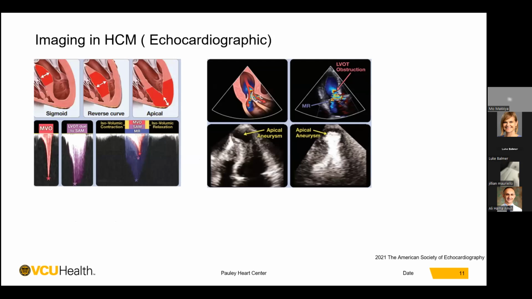Echo is, as I said, the first modality in evaluation of patients with suspected HCM. We use it to determine the significance and the phenotype of hypertrophy.